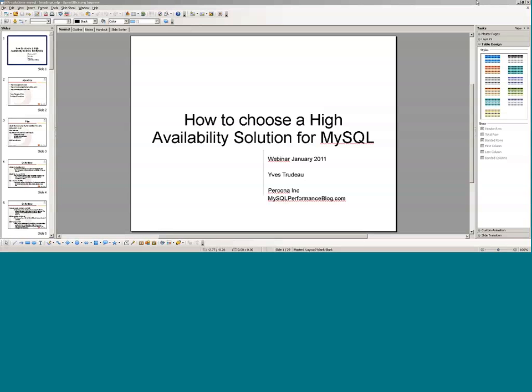Last question, do you have any experience using VMware or VMware HA to provide MySQL HA? I'm guessing VMware HA will be using a shared storage to move the instance from one server to the other.